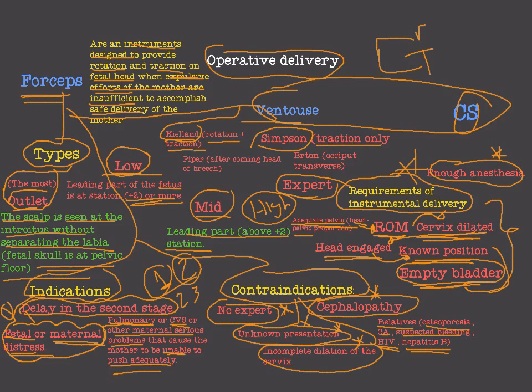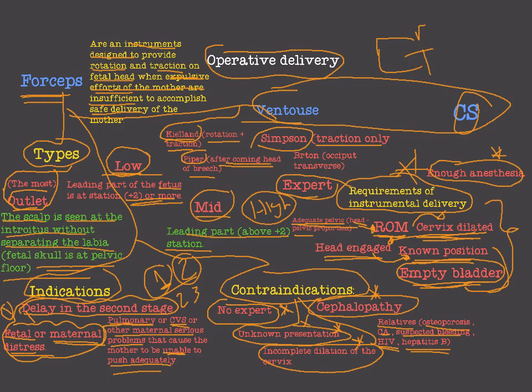Okay, we have Piper forceps for the after-coming head of a breech baby. What do we mean by after-coming head? In some cases we have breech presentation, the breech of the baby is delivered, then we want to deliver the head of the baby, and we sometimes ought to use forceps.